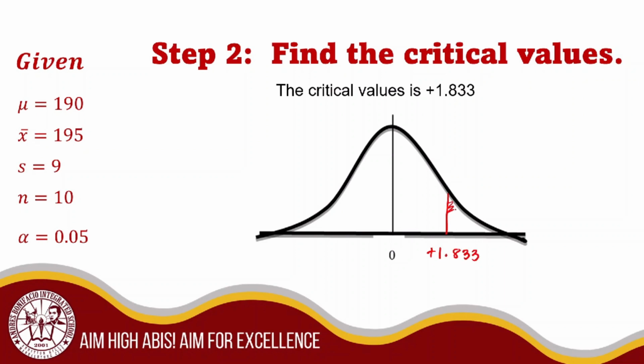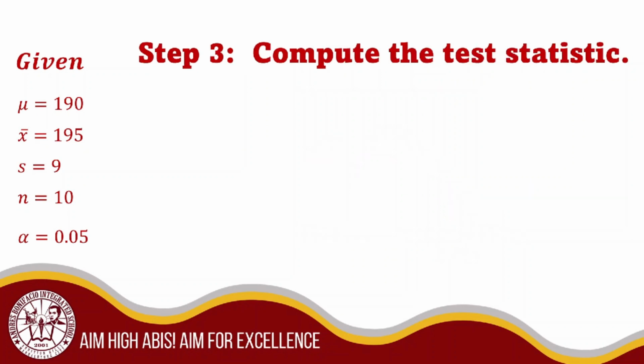Therefore, this is our rejection region. If the test value falls on this region, we must reject. And on this part, we accept or do not reject. Alright? Now we move on to step 3 where we compute the test statistic.